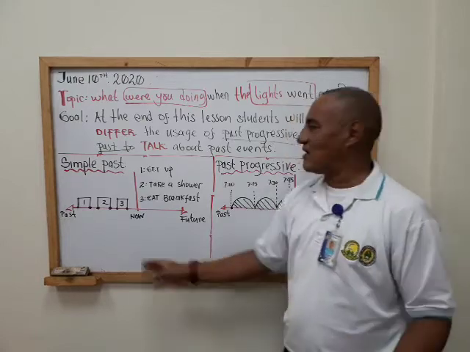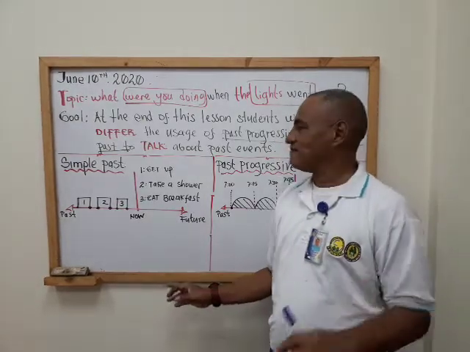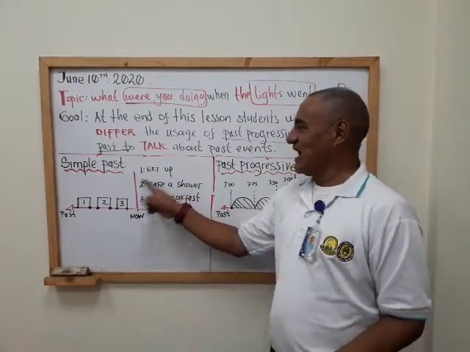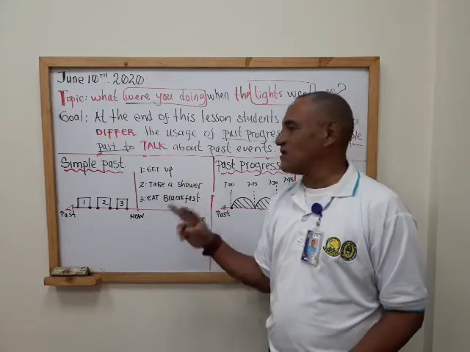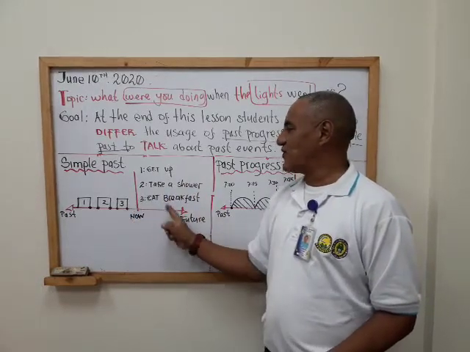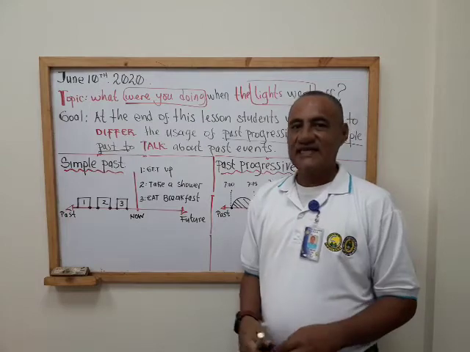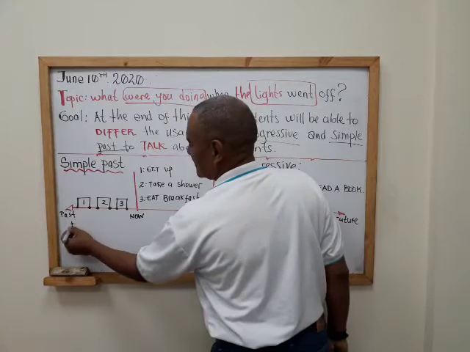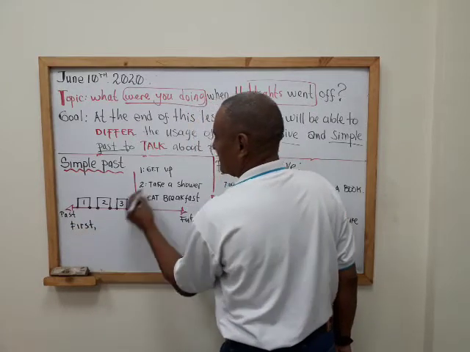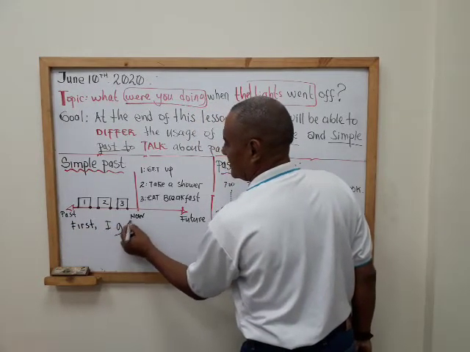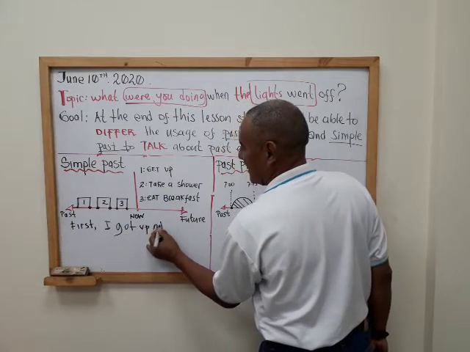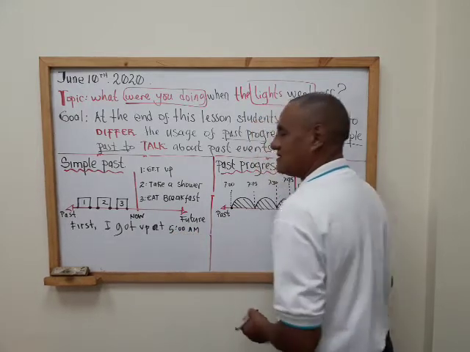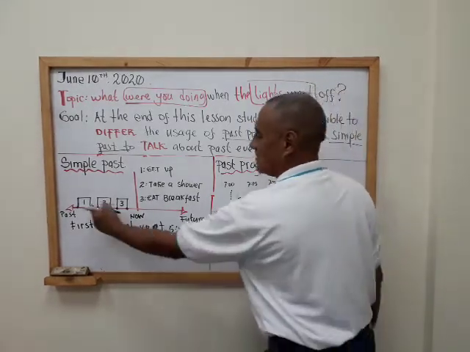Then, as you can see here, I have just set up 3 activities that I did yesterday. Get up, number 1, take a shower, number 2, and number 3, eat breakfast. Then, as it was yesterday, then I say, first, I got up at 5 a.m. Right? That is number 1.